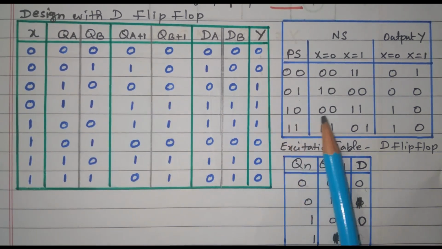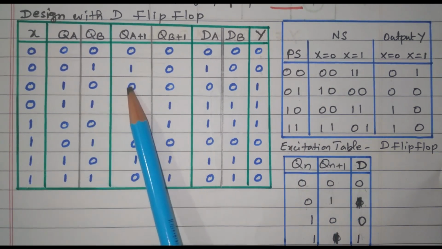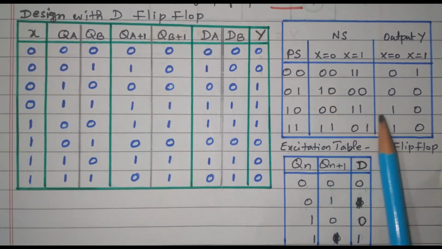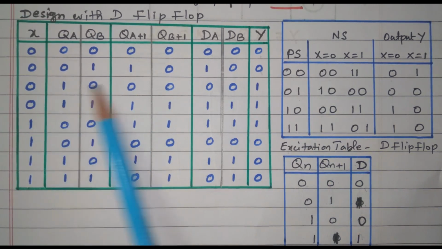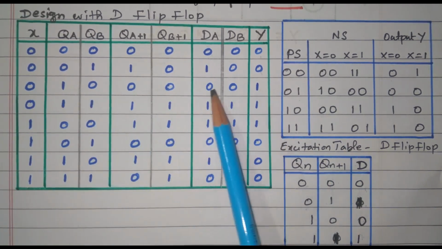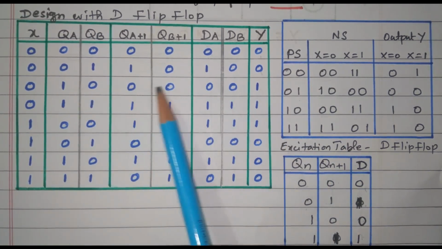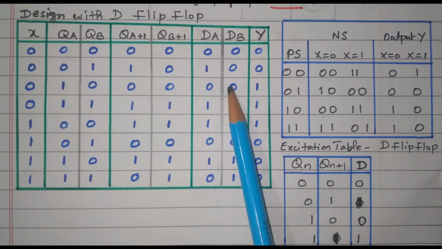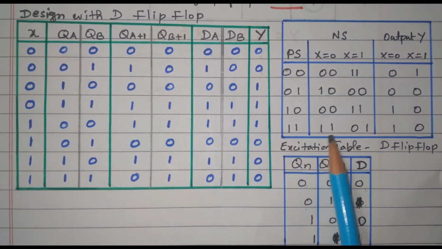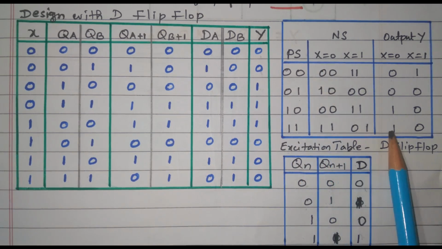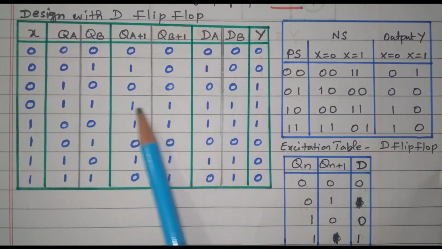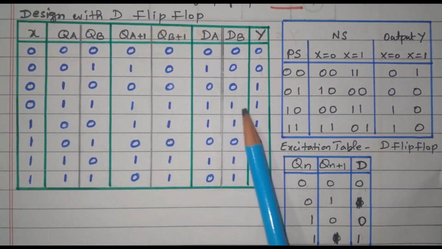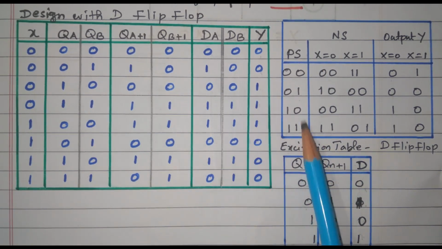Then 10 to 00, input is 0, output is 1. What is the D value? The D value is nothing but the next state, 00, so here also 00. Then 11 to 11, input is 0, output is 1, right. Now this condition is over.